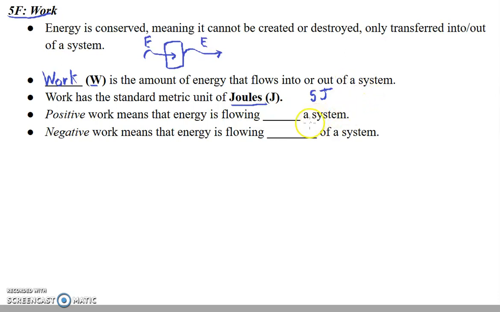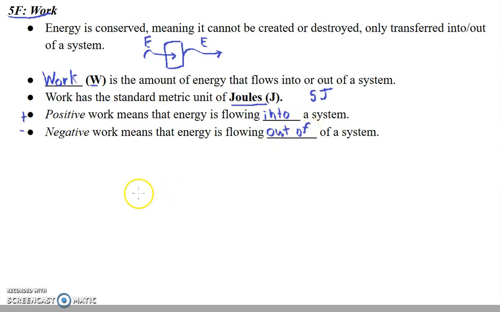And the convention for work is that you might see positive work and you might see negative work. So positive work means that you have energy flowing into a system, and negative work means that you have energy that's flowing out of a system.